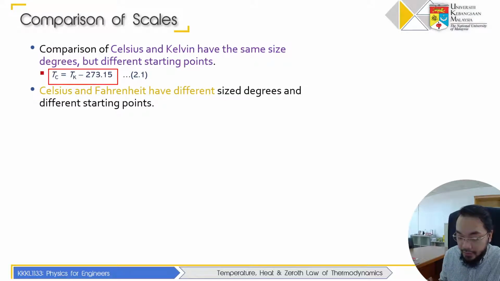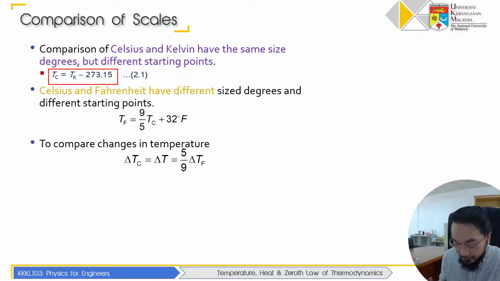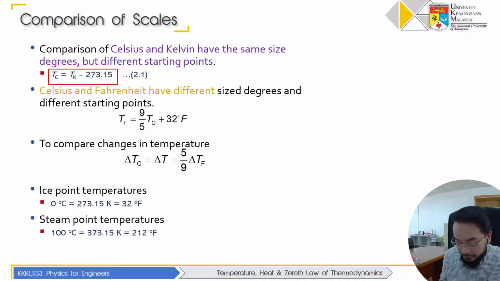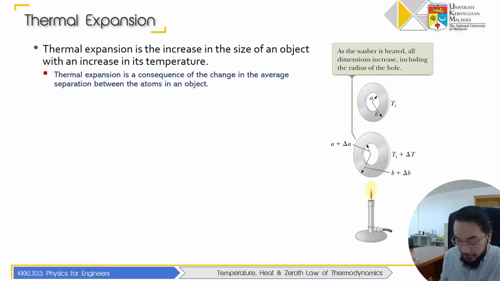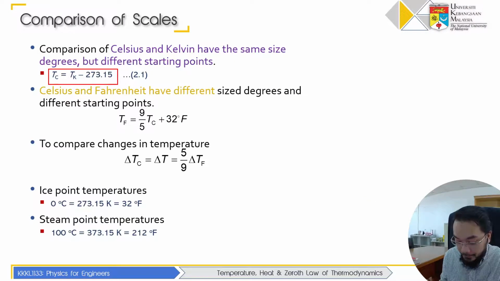Comparing the scales, Celsius and Kelvin have the same size degree but a different starting point. Celsius and Fahrenheit have different size degrees and a different starting point. To convert from Fahrenheit to Celsius, you use this equation here, and to compare changes in temperature, you use this equation.